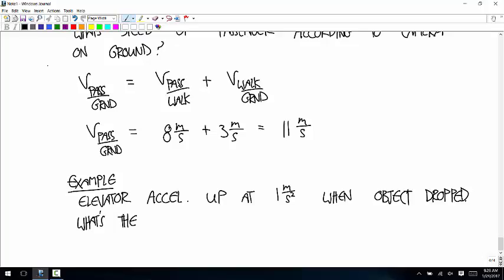What's the apparent acceleration of the object observed by someone on the elevator?